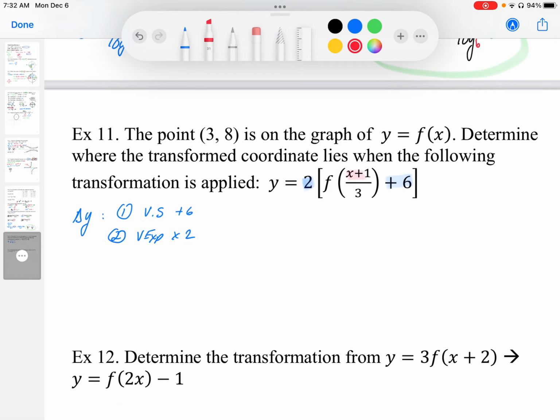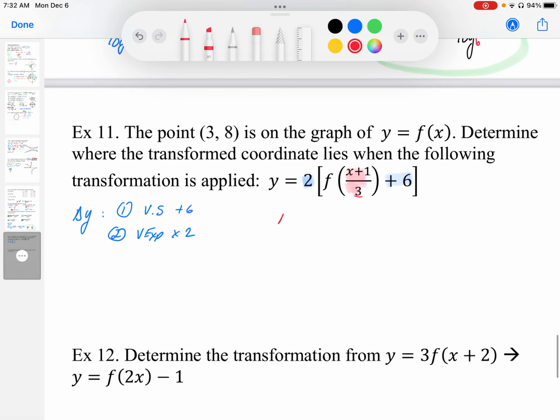Our change in x is going to be inside those brackets there. And everything is backwards. Now it's in factored form. So instead of adding 1 and dividing 3, we're going to do the opposite order and the opposite operation. So we're going to start with the divide 3. For the change in x, the divide 3 really is a horizontal expansion by 3.